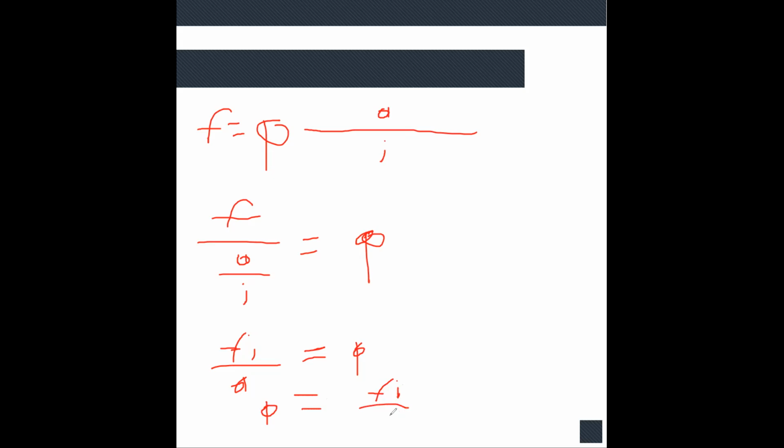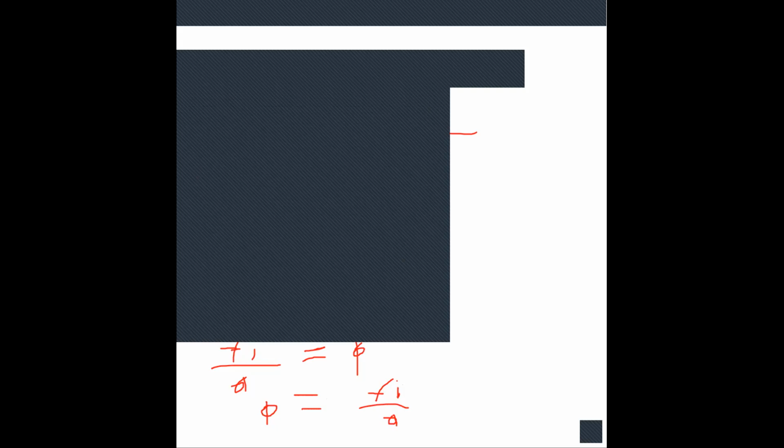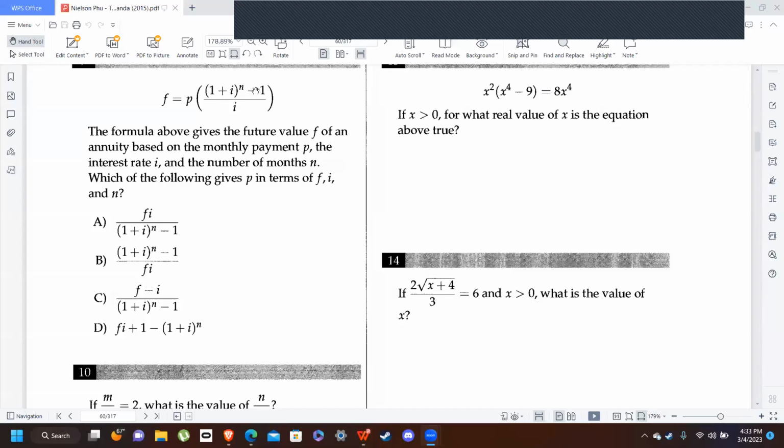I took long to catch on, but I finally got it. P equals FI over A. Look at all the answer choices. We're looking for FI over A. And remember, I just put A instead of writing out 1 plus I to the n minus 1, because that didn't matter in this question.